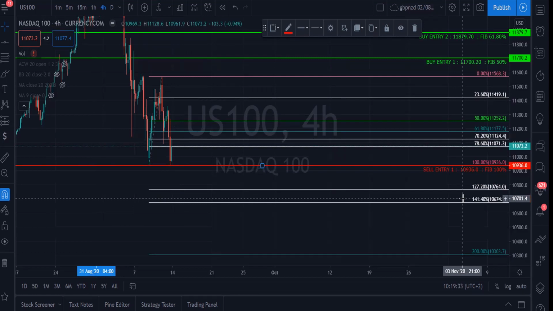So you don't want to take a sell entry now, because sometimes what you think, I'd rather take a sell entry now, and by the time it goes down to that figure of 10,936, I'll make over 100 pips worth of profit. But the problem is, if you take a sell entry now and it does not go down, then you're going to blow your account.